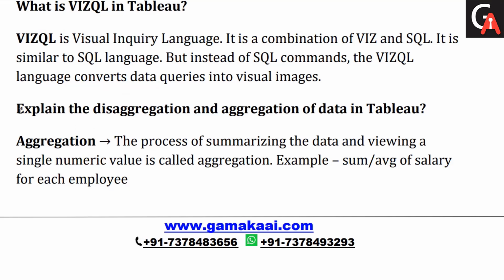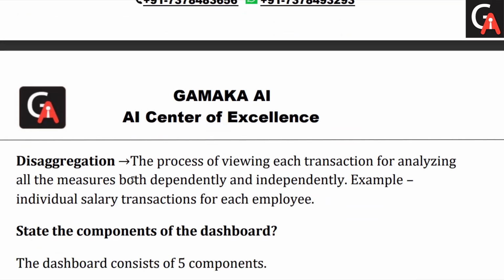Next, explain disaggregation and aggregation of data in Tableau. Aggregation is the process of summarizing data and arriving at a single numeric value. For example, sum, average, mean, and max are some of the aggregation operations we have. Then what is disaggregation?